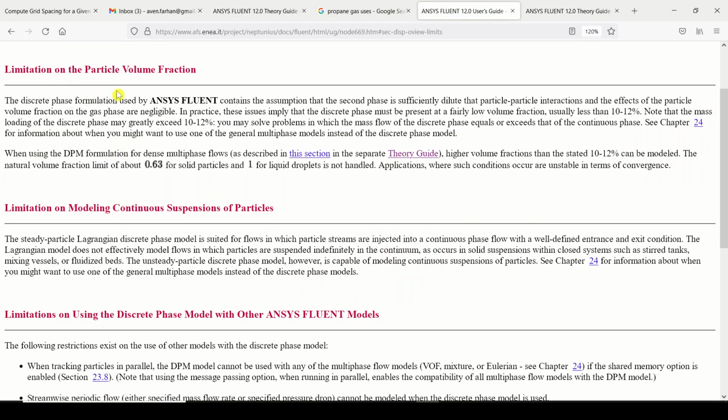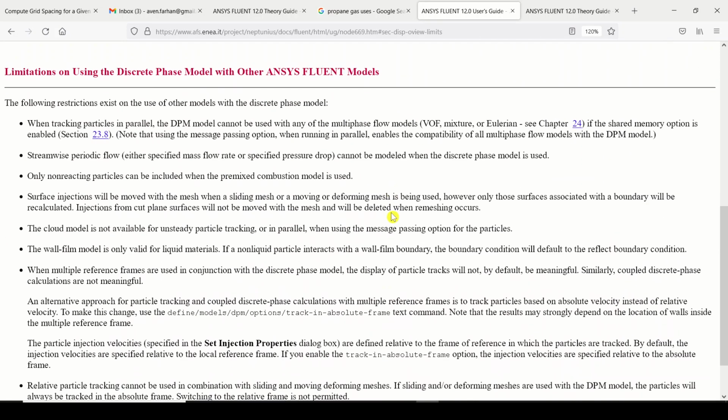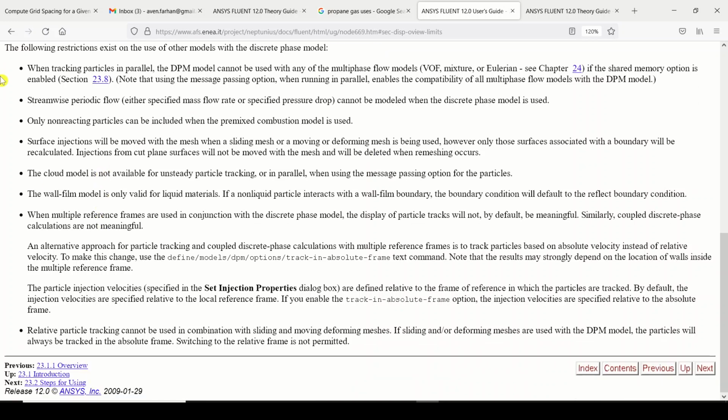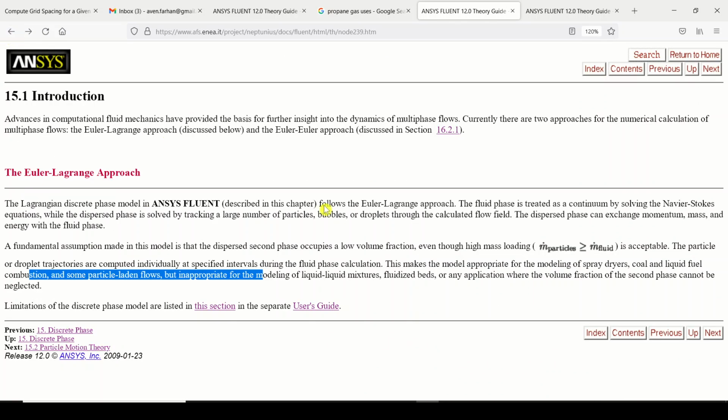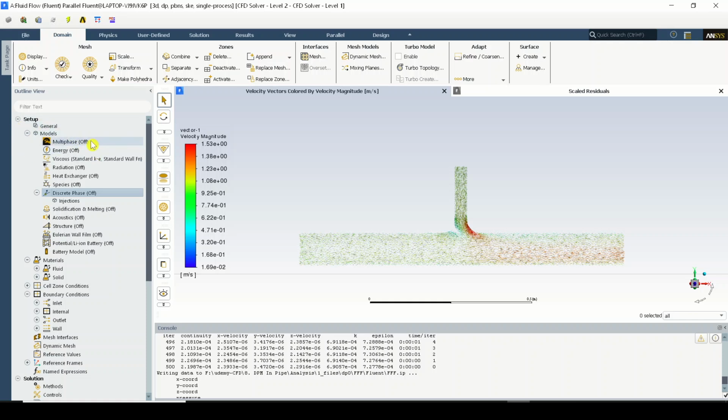We can just go and see if you want over here. The limitations are: limitation on particle volume fraction, limitation of modeling continuous suspension of particles, and limitation on using the DPM with other ANSYS Fluent models, right? In ANSYS Fluent there are plenty of models present: the multiphase models, the energy, the viscous turbulence, the radiation, heat exchanger, species, DPM, etc. Each of these models has its own benefits and its own limitations.